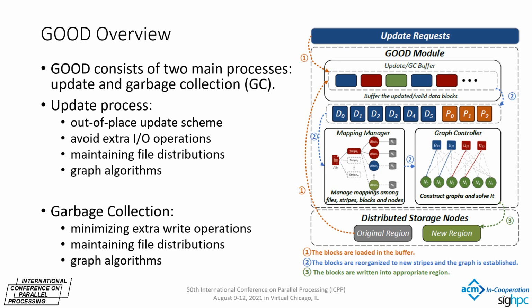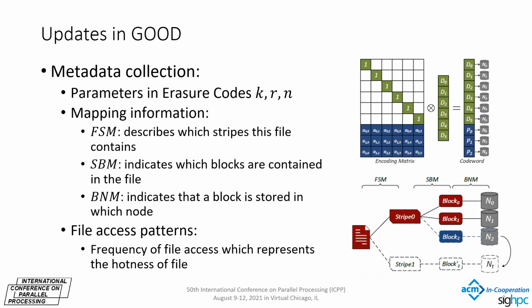GC is a necessary strategy to recycle disk space. Minimizing extra write operations and maintaining file distributions as much as possible are the 2 main goals of GOOD. Therefore, in this process, graph algorithms are also introduced to match the blocks and the nodes.